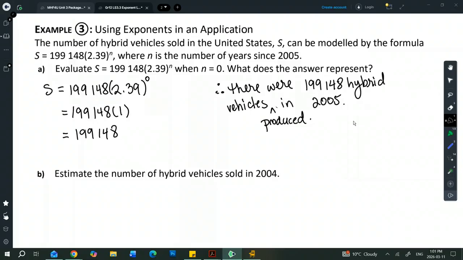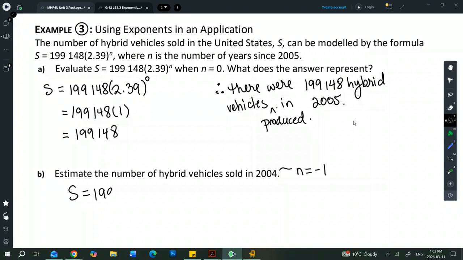Okay, estimate the number of hybrid vehicles sold in 2004. So if 2005 is 0, what's 2006? If it's N years since 2005. 1, and then 2000. Okay, good. So -1. So we'll say N equals -1 here.